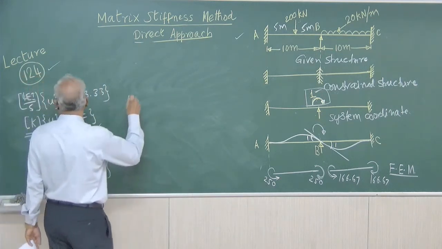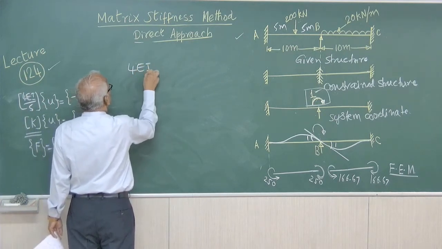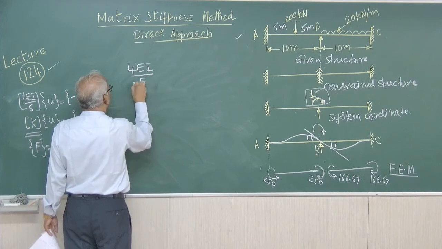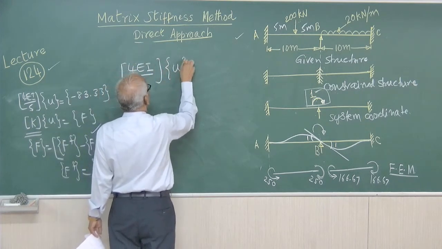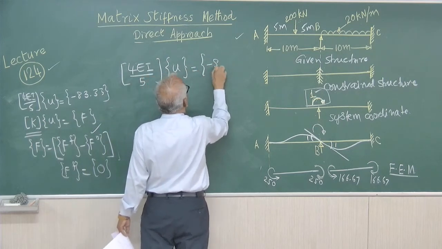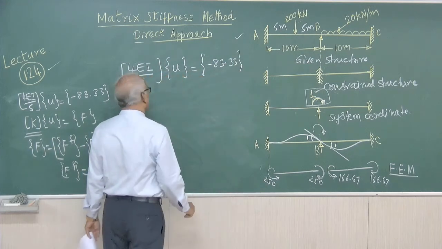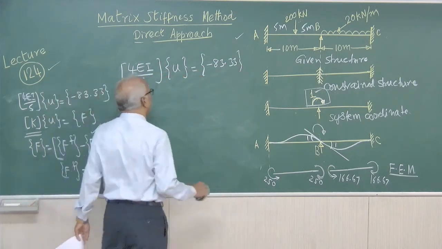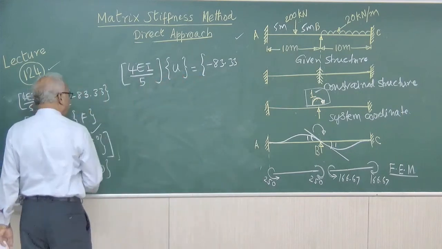If one is familiar with the procedure, it will be a very simple problem. 4EI by 5 into U equals minus 83.33 is the equilibrium equation.